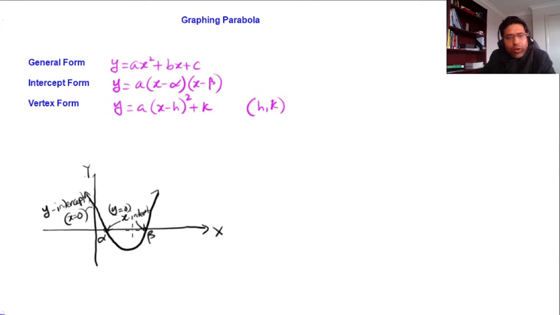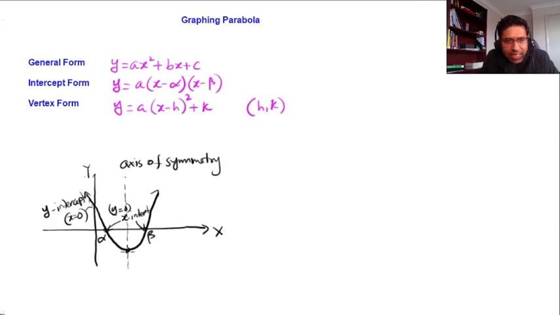And now, by looking at the parabola, you can also see that if you make a vertical line through this point, this is called the axis of symmetry, because this is the line that symmetrically divides the parabola.